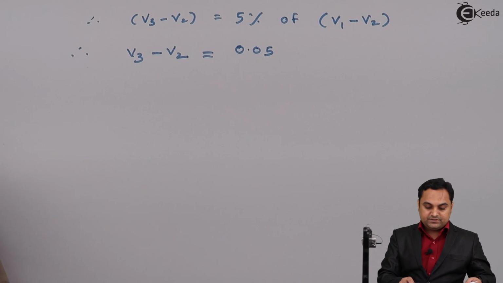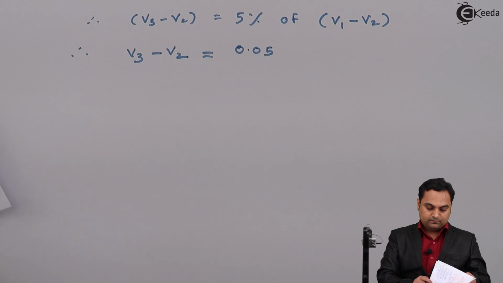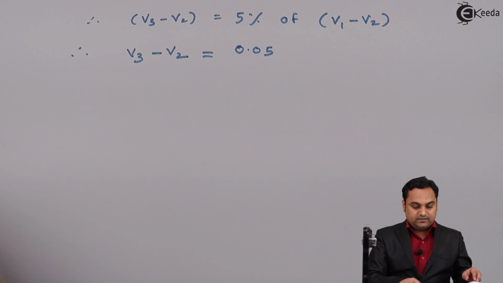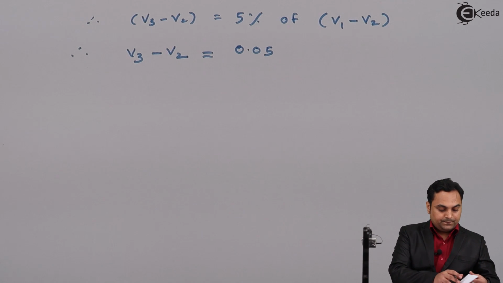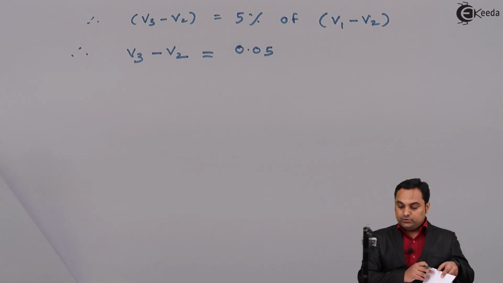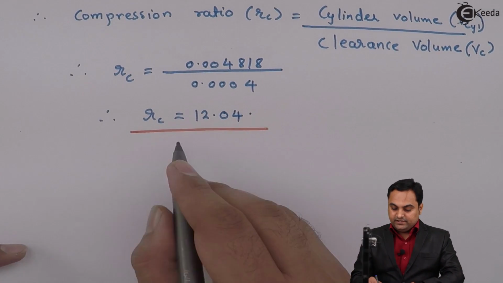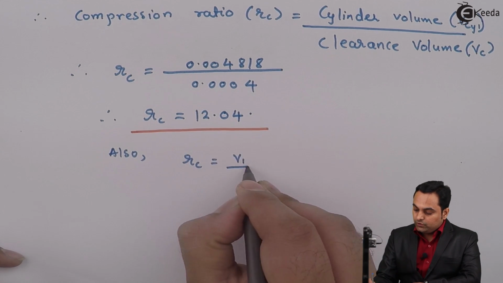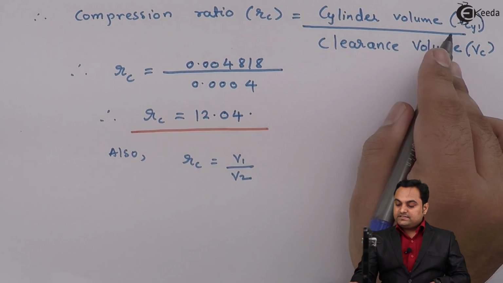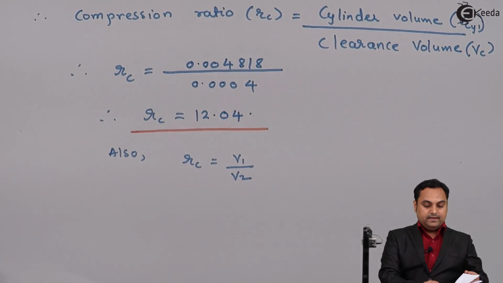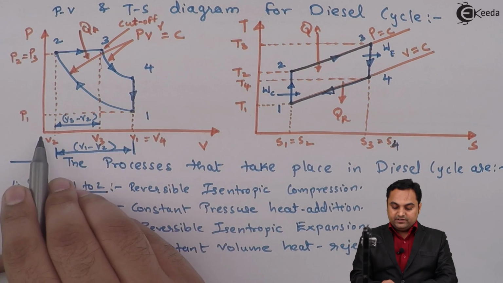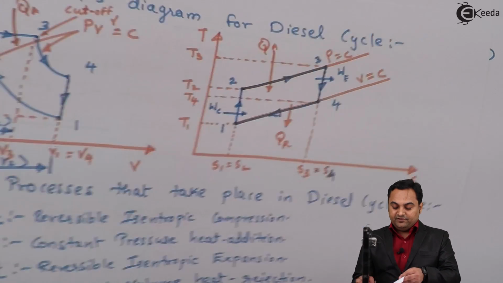Now if we look into this, V1, since the compression ratio was given to us, and the compression ratio we had calculated previously, I can say that also this compression ratio RC is equal to V1 by V2, because it is cylinder volume by clearance volume, and here the cylinder volume is V1, clearance volume is only V2, so V1 by V2.